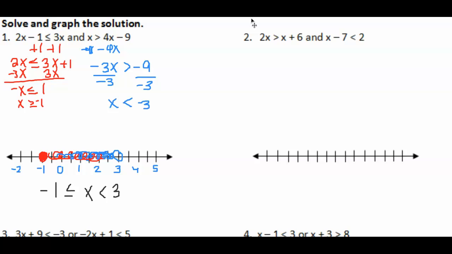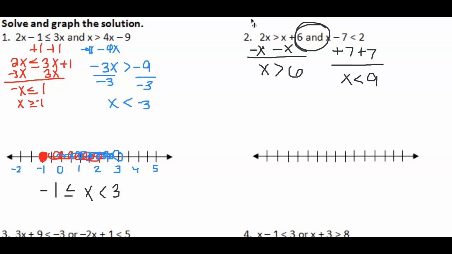Number 2, subtract x. So you get x is greater than 6, add 7, x is less than 9. So again, it's listed as an and, so they need to overlap. So we have 4, 5, 6, 7, 8, 9.